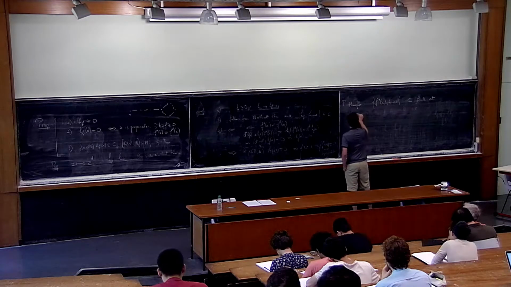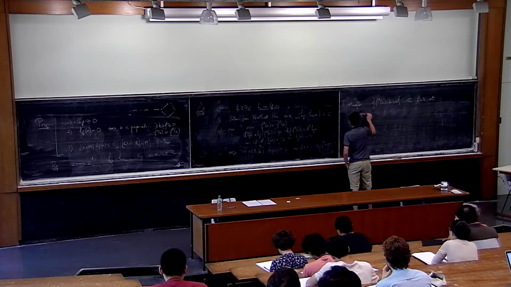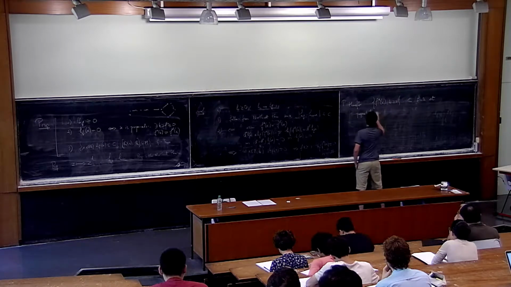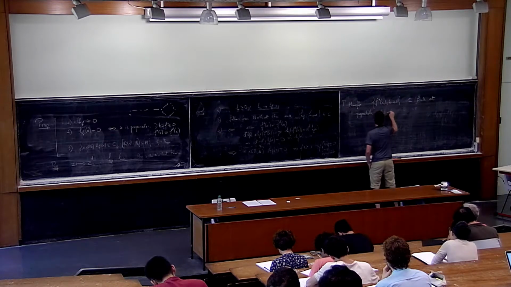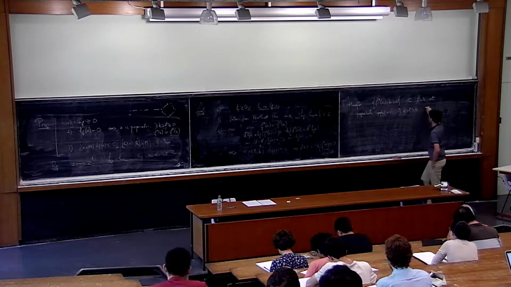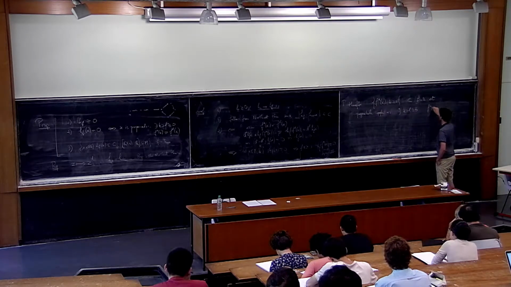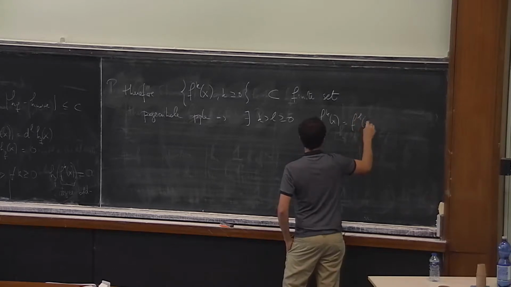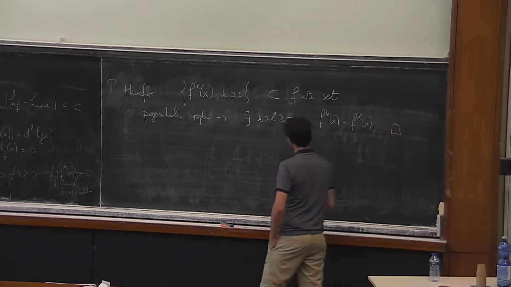So by pigeonhole principle, it implies that there exist different integers k and l such that f^k of x is equal to f^l of x. And that's the end of the proof.